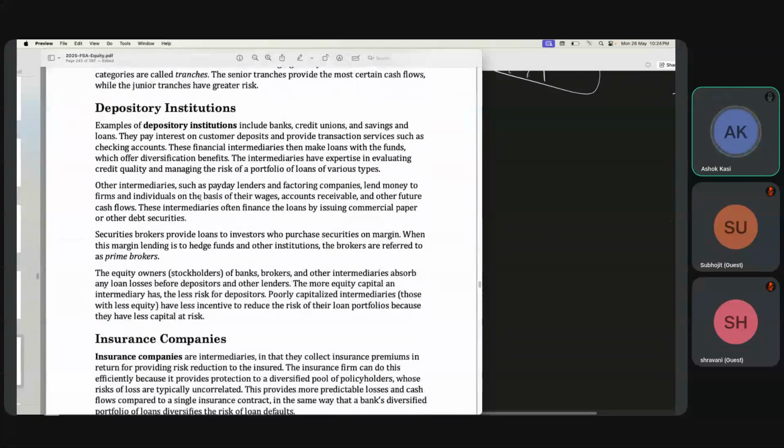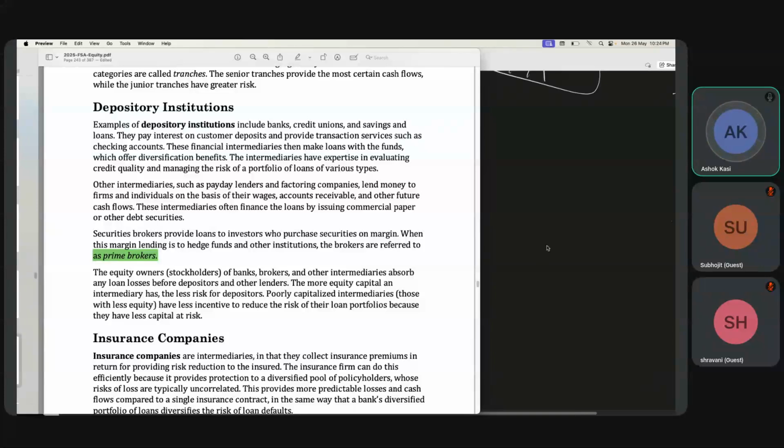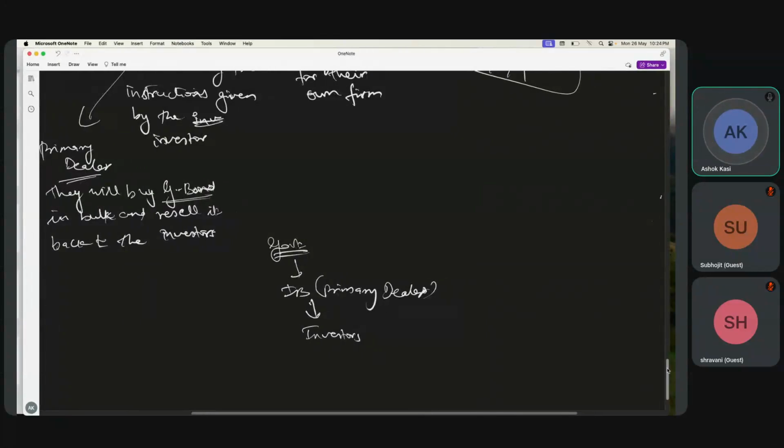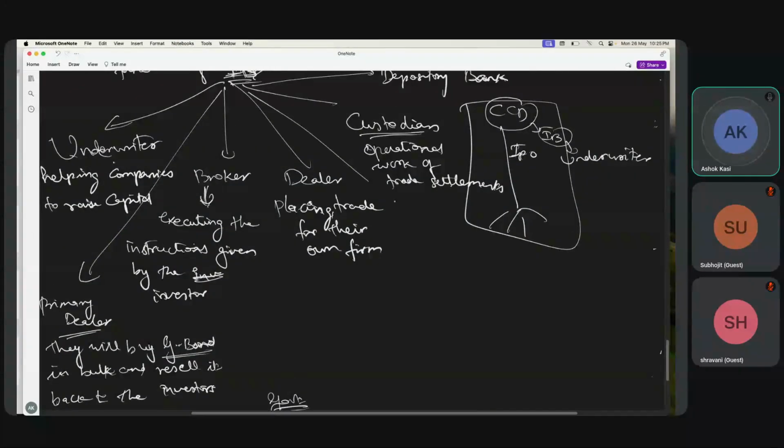Then you can skip all these. Prime broker here. Yeah, so what is prime broker here? Prime broker means it's a broker only, so they also act as the prime broker. But however, there is a difference here.